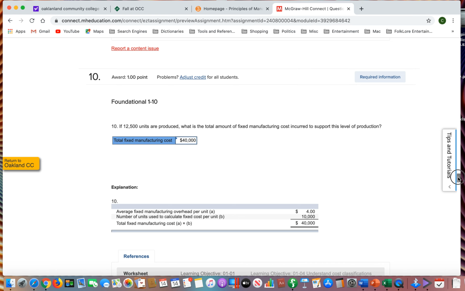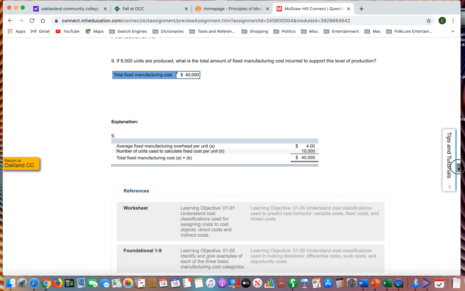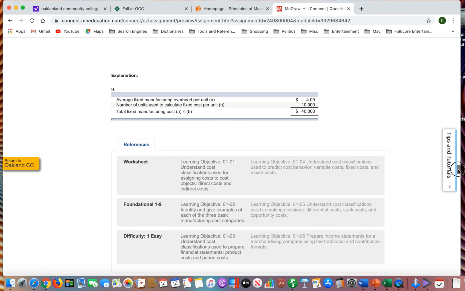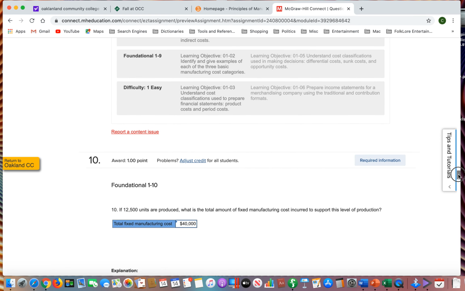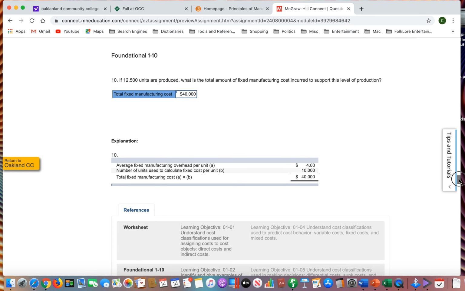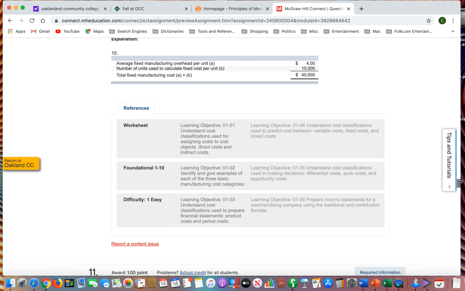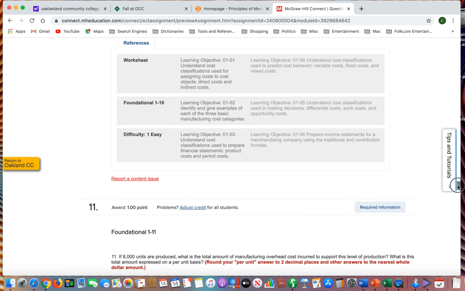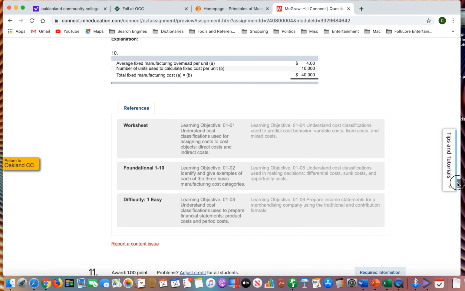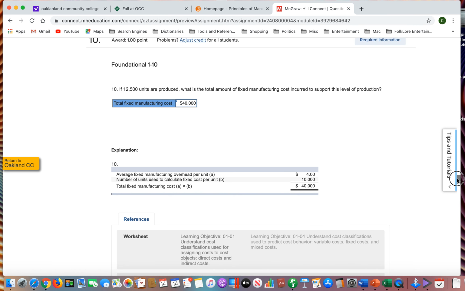So it's going to be $40,000 fixed manufacturing cost no matter what, as long as it's between 8,000 and 12,500 units. But the fixed cost per unit will rise or fall. At 8,000 it's going to be $5. At 12,500 it's going to be $3.20. But it's still going to be a total of 40,000. Crazy, but I would have worded it differently, but there you go.